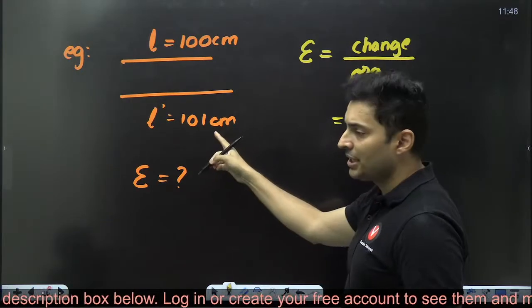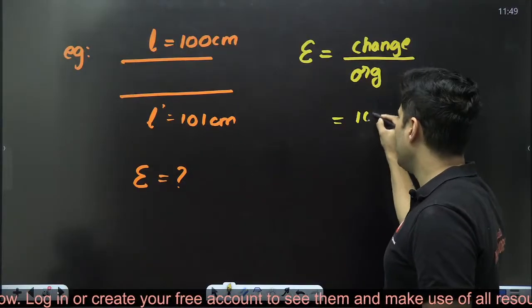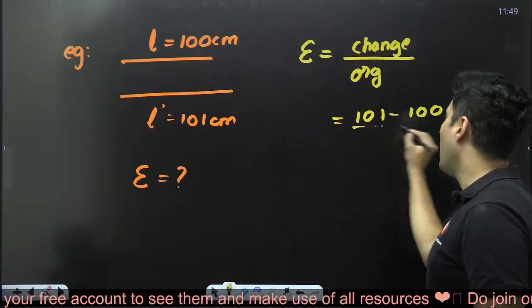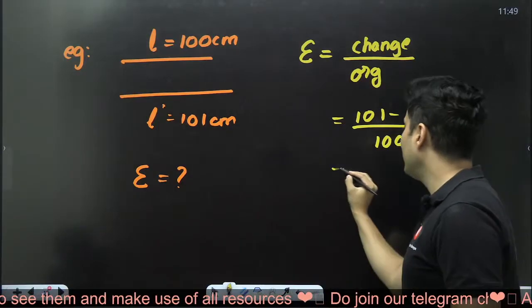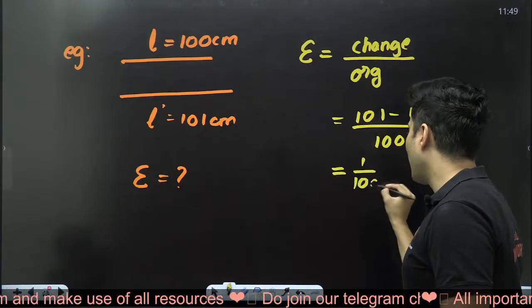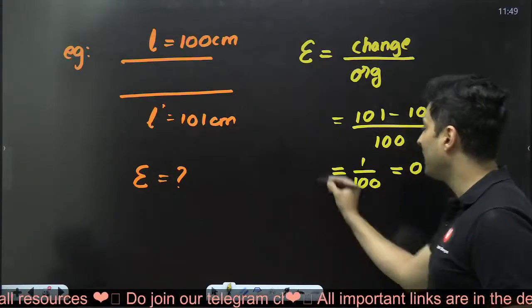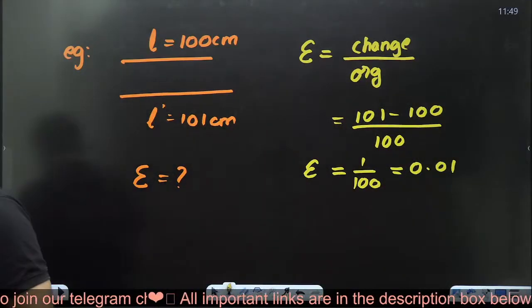From 100 it went to 101, so the change is 101 minus 100. Original was 100. So the strain is 1 by 100, or 0.01. That is the strain. Is that very clear?